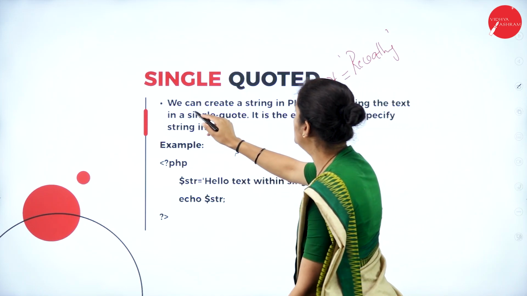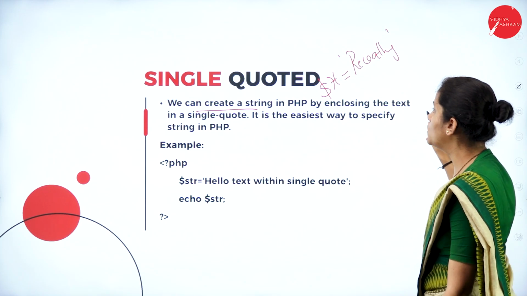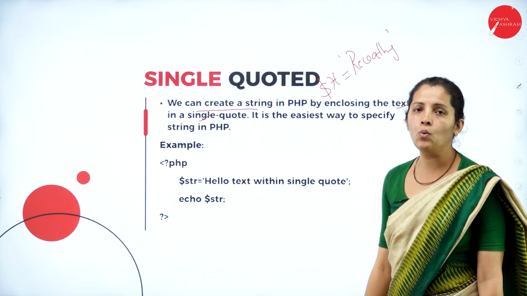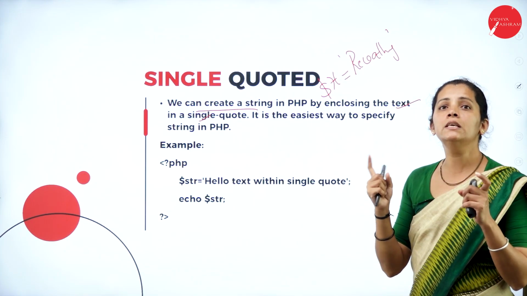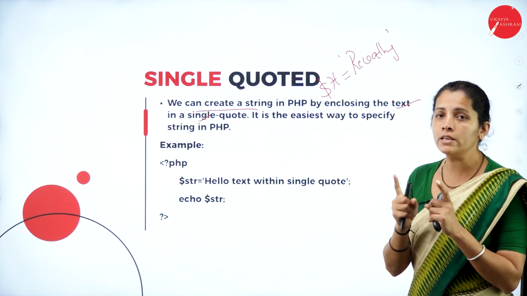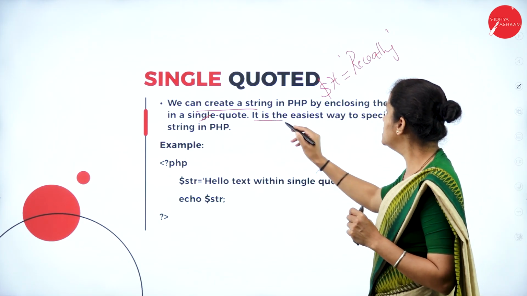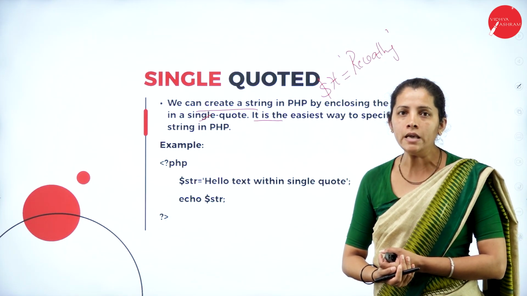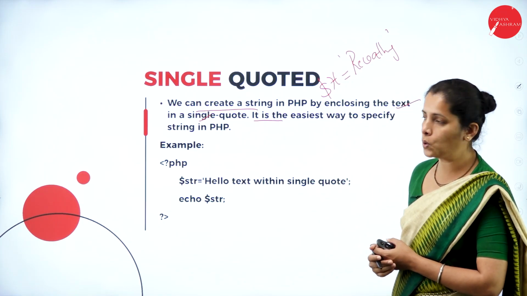So we can create a string in PHP by enclosing the text in a single quote. I'm writing Revati within the single quote, so I'm enclosing it within the single quote. It is the easiest and most commonly used string representation.